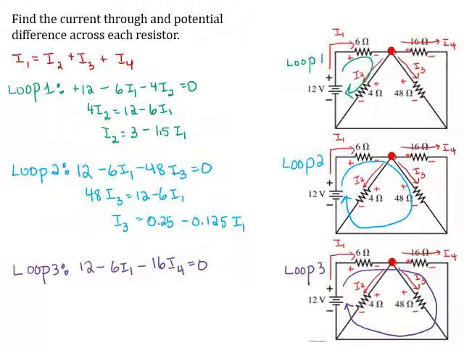And then for my loop 3, 16 times I4 is equal to 12 minus 6 times I1. So I4 is 12 over 16, that's 0.75, minus 6 over 16, that's 0.375, times I1. Now I'm going to plug each of these, I2, I3, and I4, into my expression for my current law.